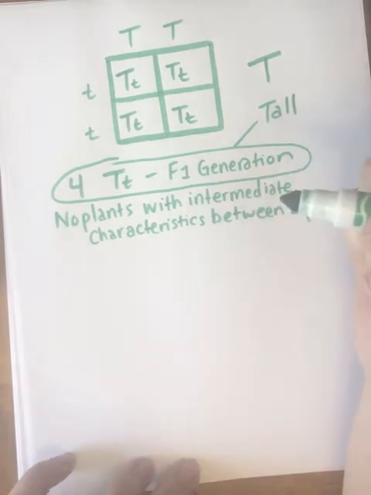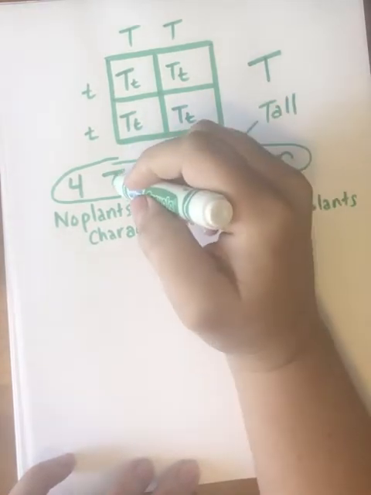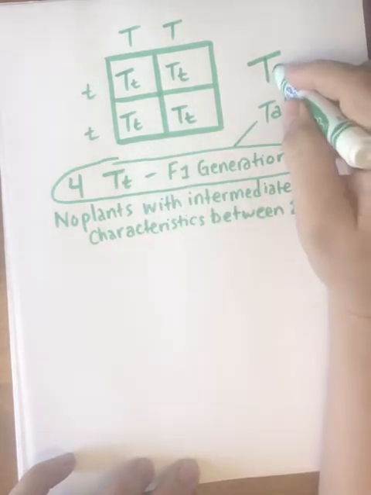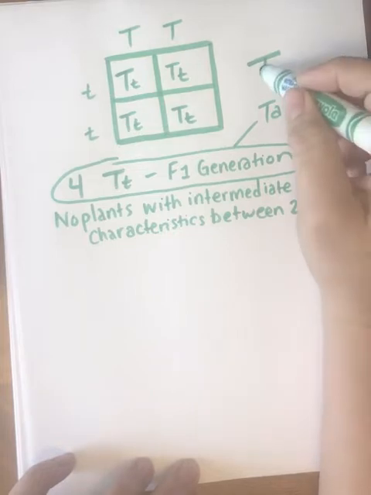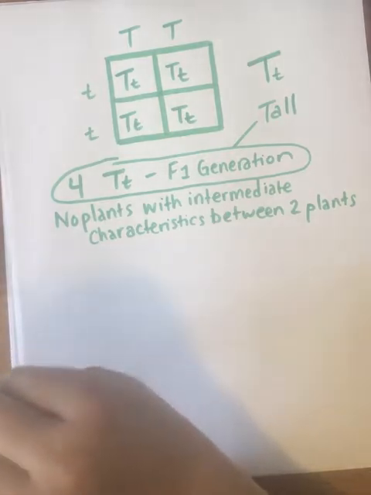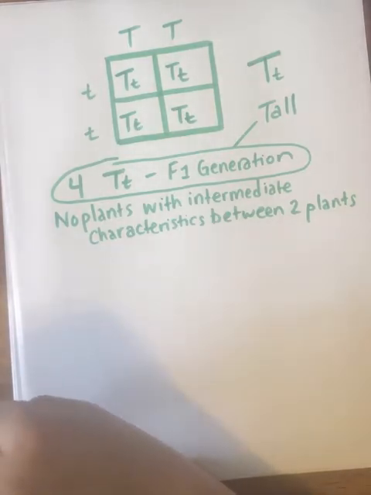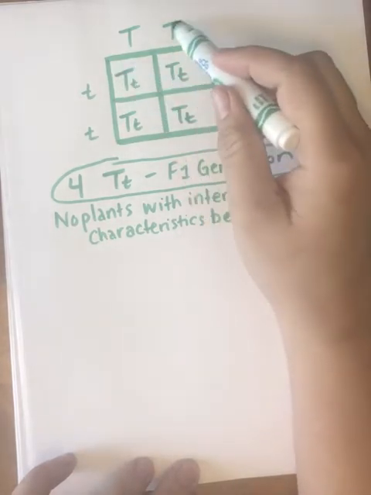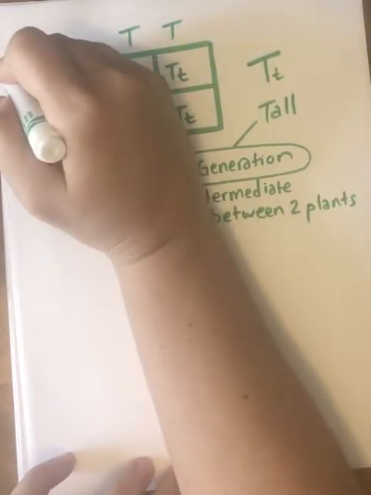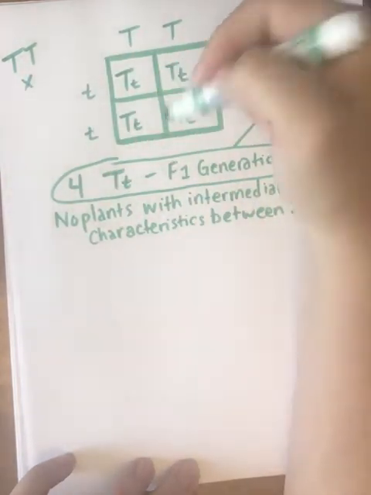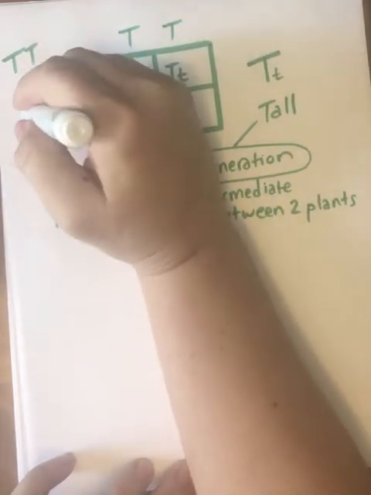So all 4 of the F1 generation have a large T and a little t, but all 4 of them were tall, even though they have a big T and a little t. So there were no medium plants. These were all tall. So your F1 generation is your offspring that comes from breeding 2 true breeding plants. That is how you create your F1 generation.